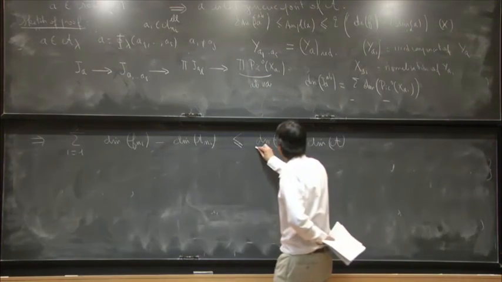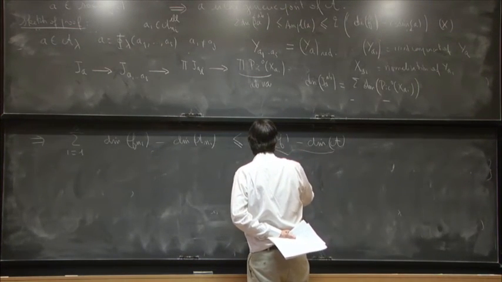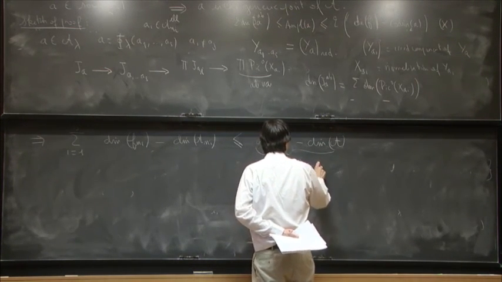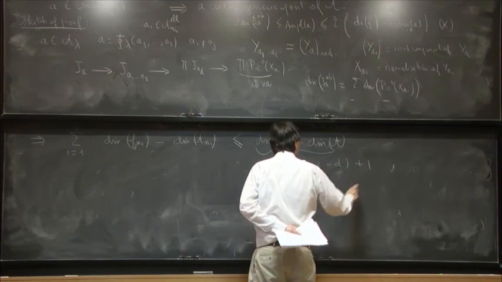But this is n times 2g minus 2 minus d plus 1.